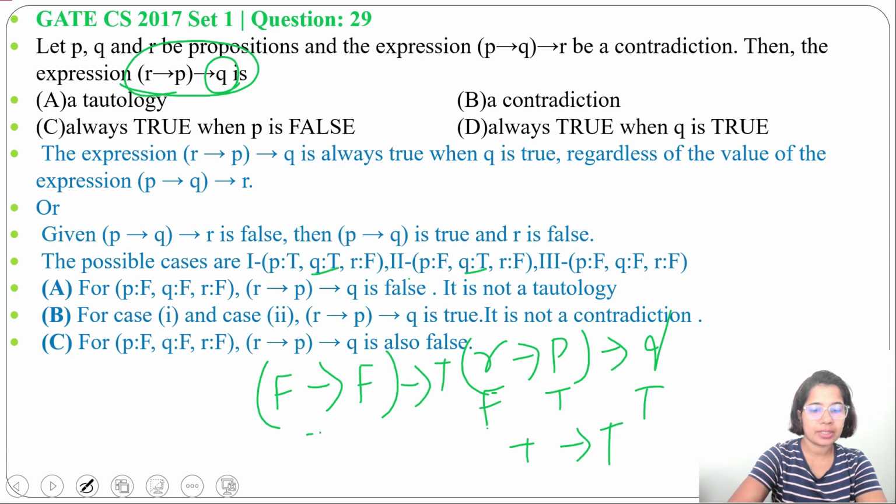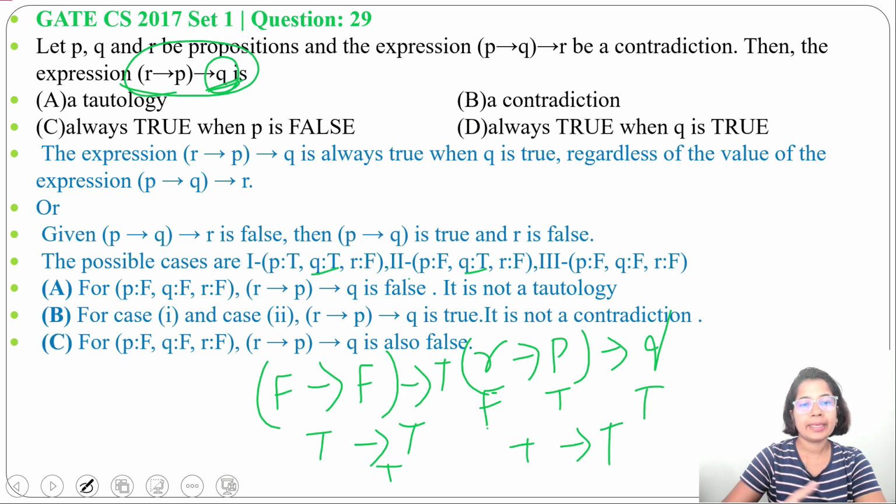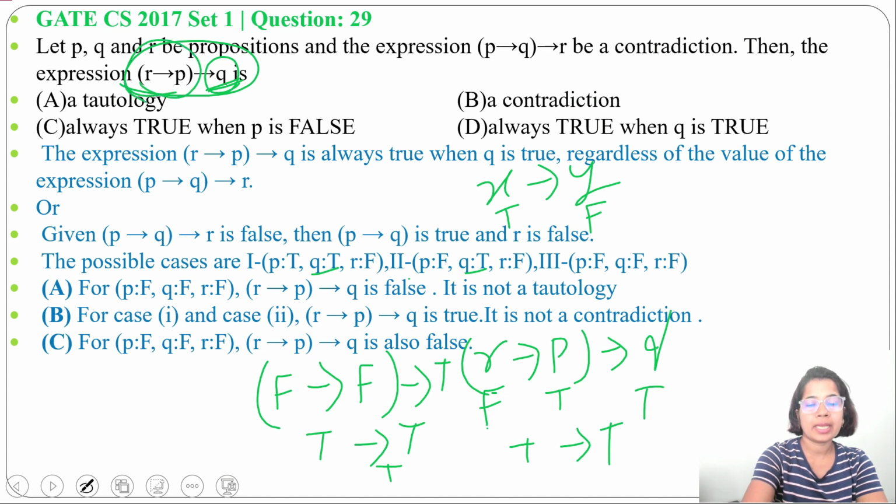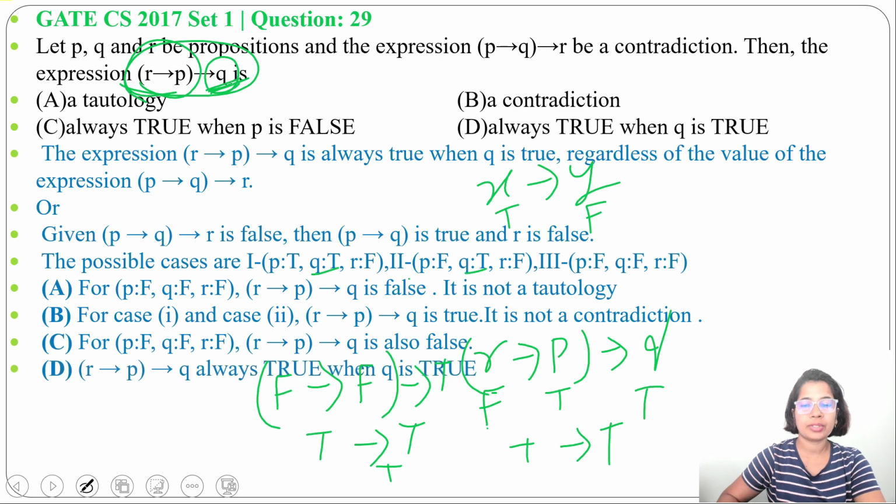False implies false, it's true, true implies true, it's true. So whenever the second part is true, the whole implication will be true. Here Q true means the whole implication will be true. In case of implication, it will be false only when the first part is true and the second part is false. Like in case of X implies Y, when X is true and Y is false, it will be false, the rest will be true. So there is no chance of false when Q is true. That's why the answer will be option D.